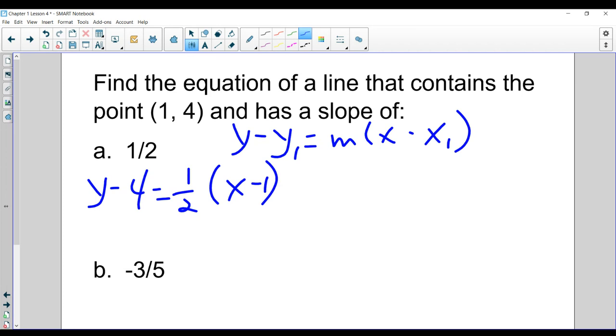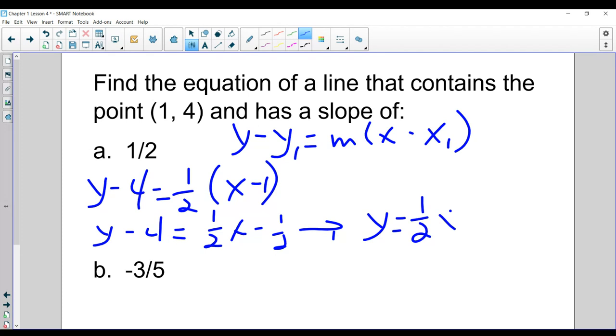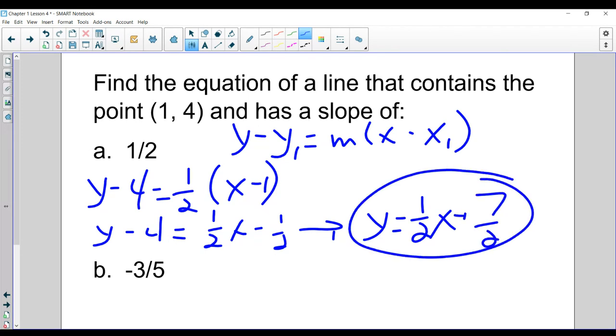And then it's just a matter of simplifying from there. Add 4 to both sides, so that would be adding 8 over 2. Okay, there's the first one.